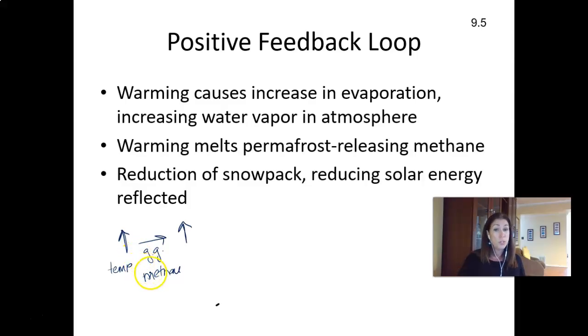And then finally, another example is that as it gets warmer, the snowpack in our northern and southern latitudes reduces. Snow has a very high albedo, or reflective quality, so it reflects a lot of sunlight.